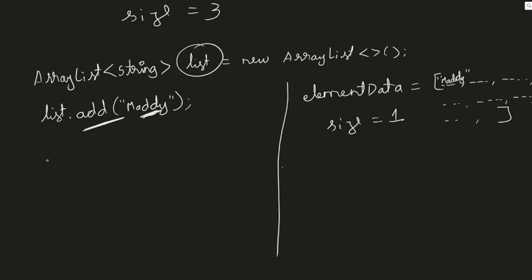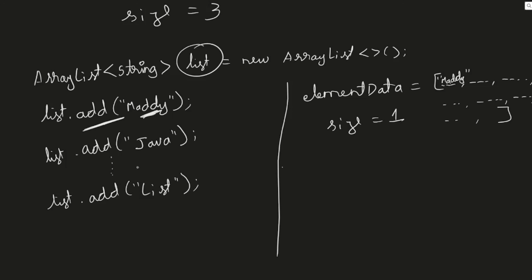Now let's insert some more elements to it: Java, and so on, until the size is 10. Let's consider we are inserting 7 more elements between Java and list. Just add them here, Java, and the last element we have is list.